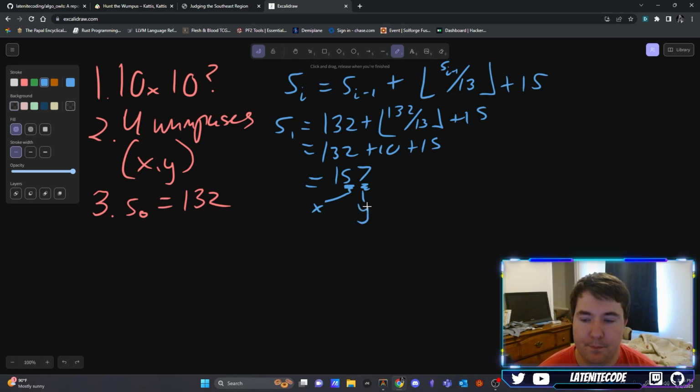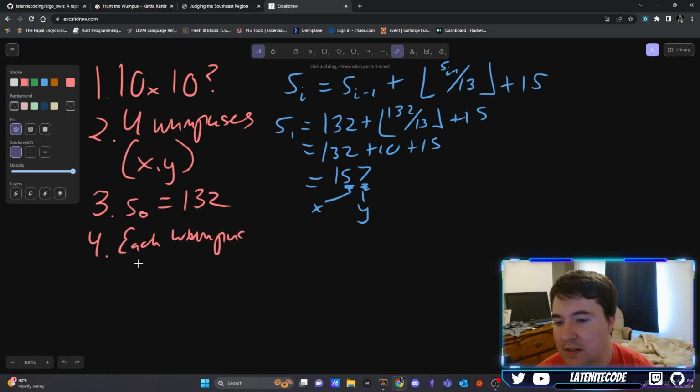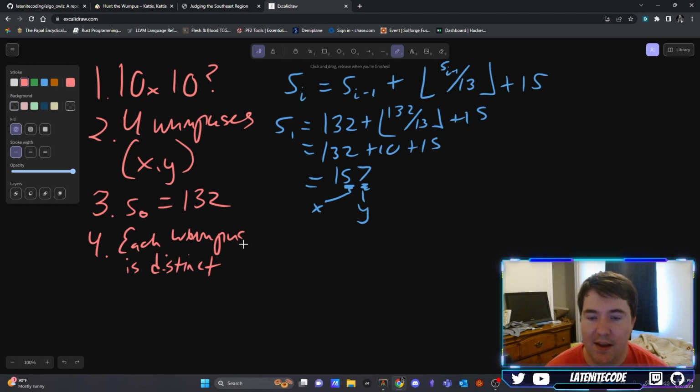The next thing that they also tell us is that we have to have 4 distinct locations. And so we effectively need to have it be the case that each Wumpus is distinct. And they're very clear about that, which makes me think, and I actually do know because I've already recorded this, that some of the seeds will have non-unique singles and tens digits.